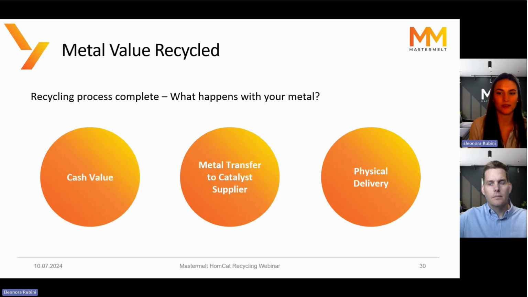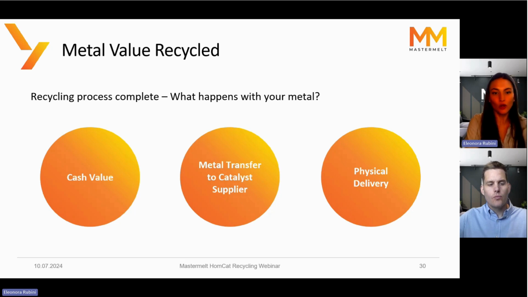We hold accounts called pool accounts for precious metals with most of the large PGM catalyst suppliers in the world. And this is an option that you can have as well. So just shipping virtually the metals to your supplier. But also, if needed, the metal can be physically delivered to your precious metal catalyst supplier or to your location, wherever it is needed, really.